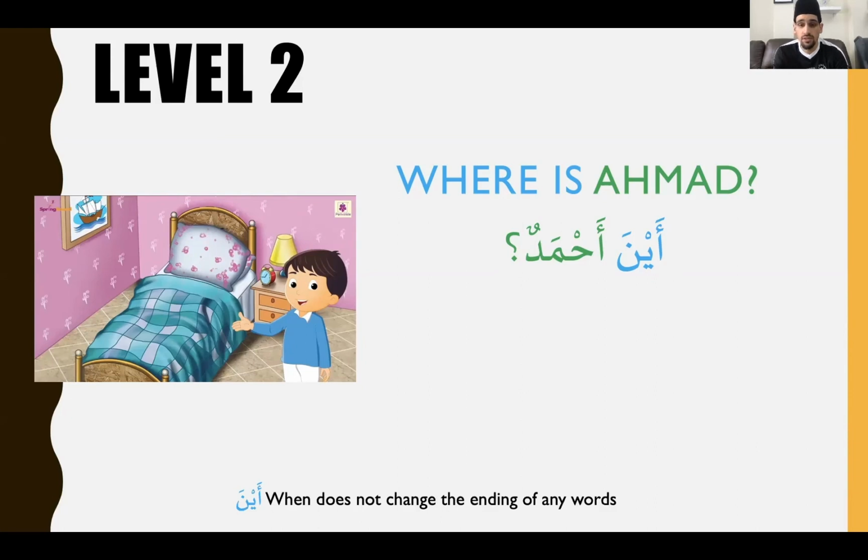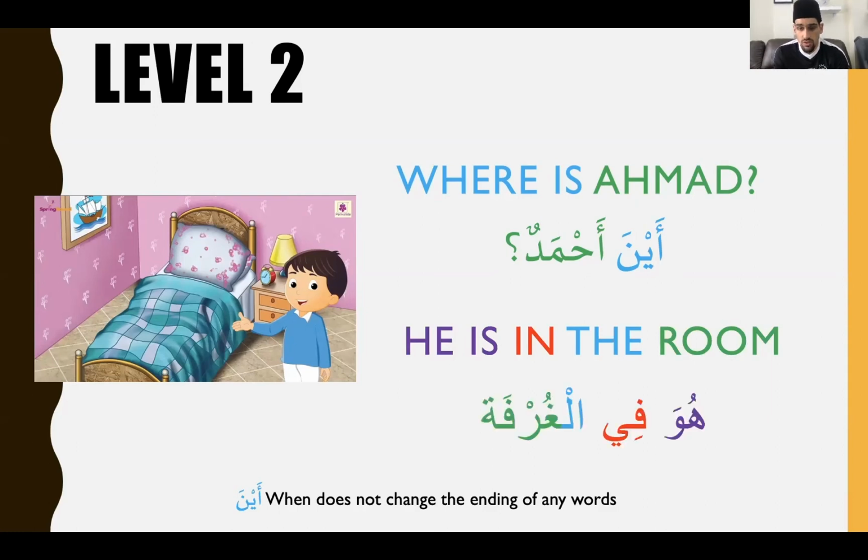So Aina Ahmad? He is in the room. Here we're going to learn something new as well. Huwa fil ghurfati. Huwa, as you know, we're doing this for the first time, means he is. It's referring to Ahmad, because Ahmad is masculine, we use the word huwa.